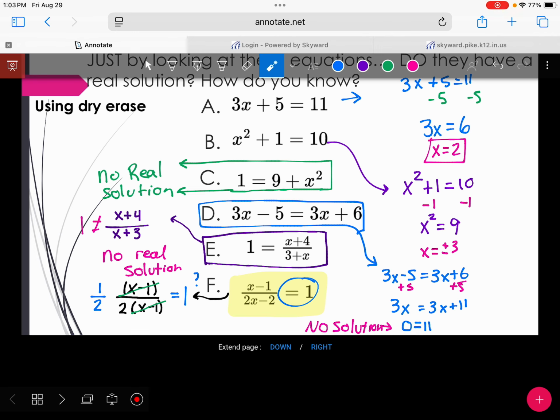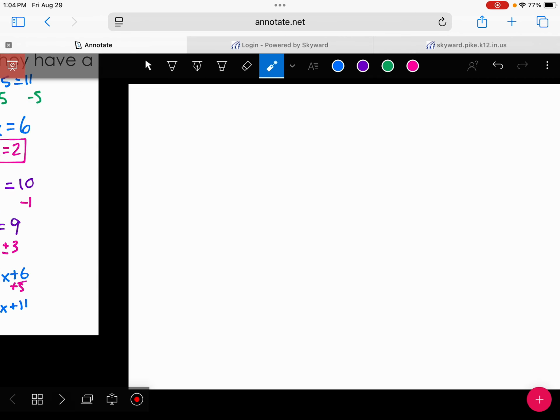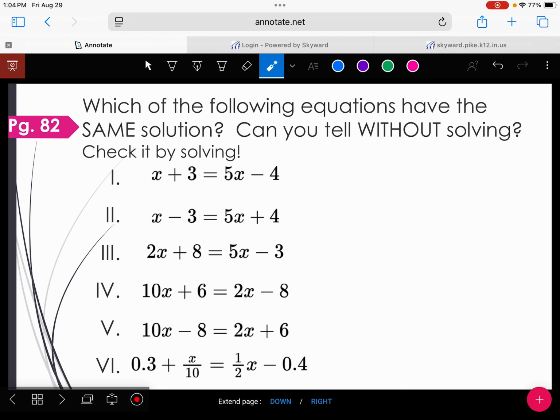Because what we're going to do today is look at a page in our workbook that has 6 equations on it. And we want to know which ones of them have the same answer, because there's only 3 different answers on this whole page. And we want to try and match them up. Which ones have the same answer and which ones don't. So we're going to look at page 82.